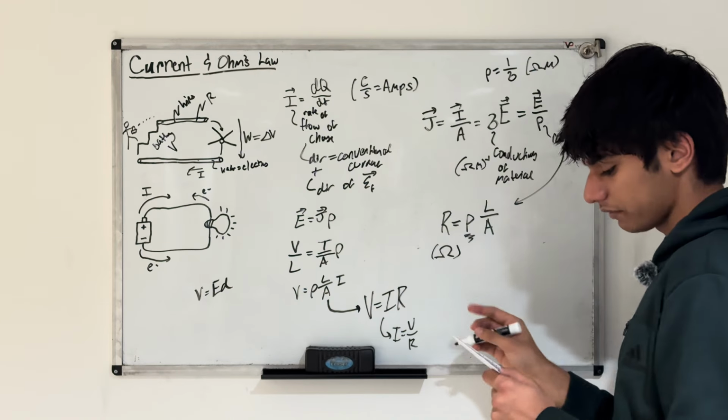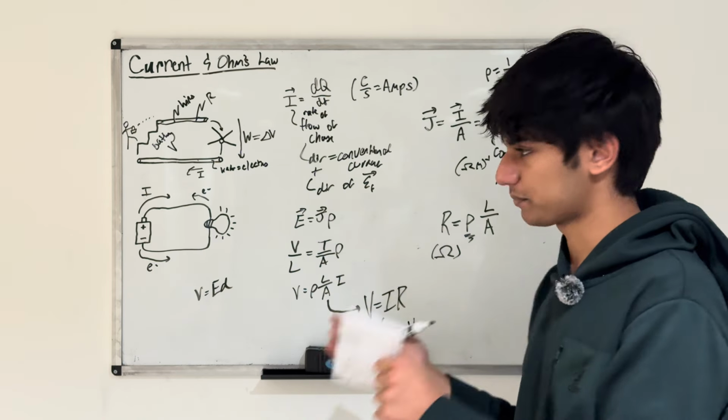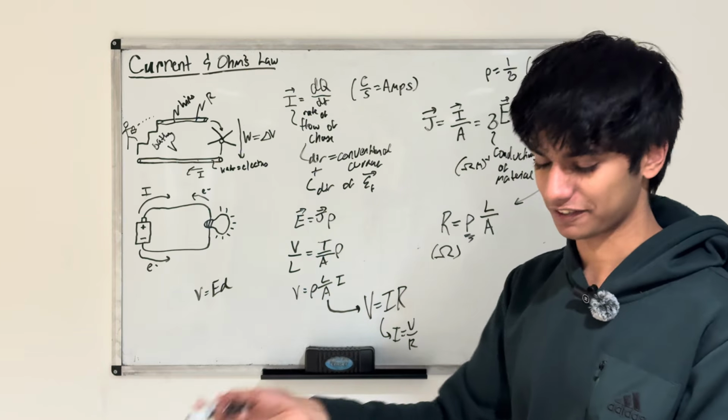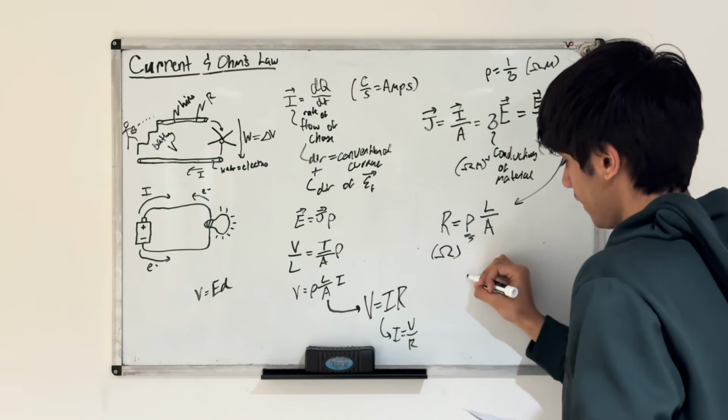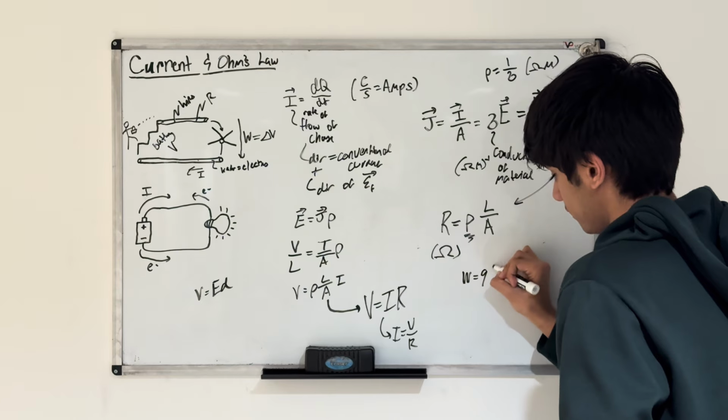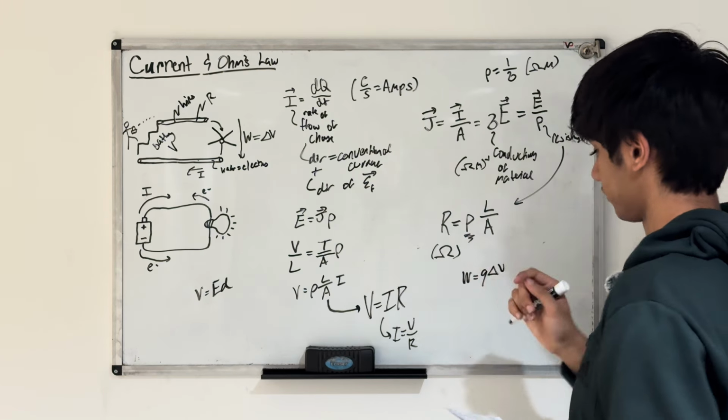From here, we want to figure out how much work is actually being done per unit time, which is power. We know from last unit that work is equal to Q delta V for electric currents in circuits.